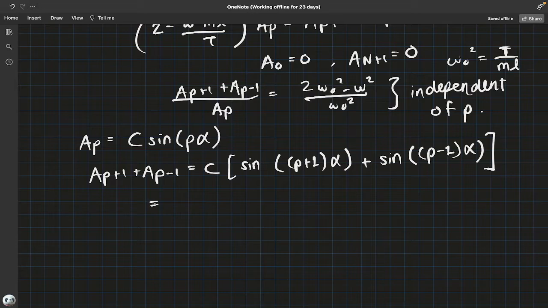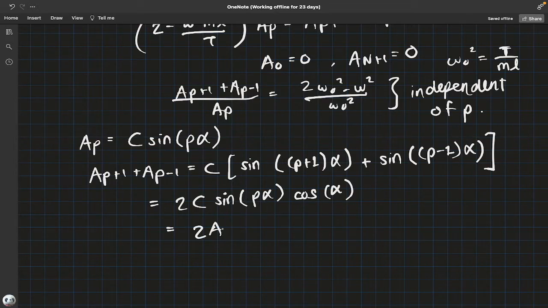and we use the identity of sine A plus sine B. So that's 2 times sine of (A plus B) over 2, that's just p alpha, times cosine of (A minus B) over 2, that's just alpha. And notice what C times sine of p alpha was, that's just a_p, right?